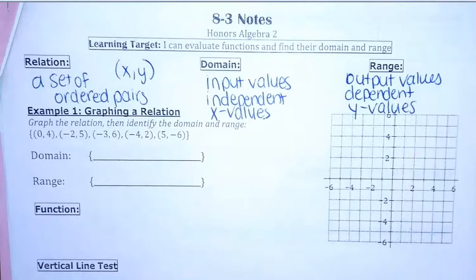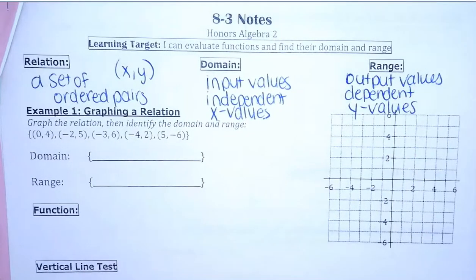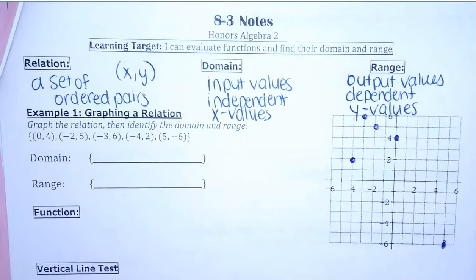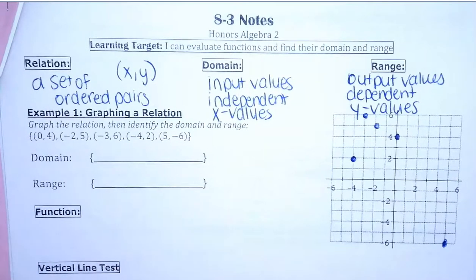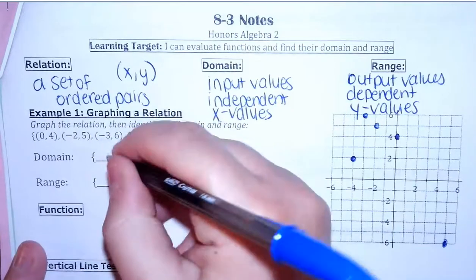All right, so we're just going to talk about some different ways that we can display domain and range. And so I just have actually a relation here. So it's a set of ordered pairs, and it says identify the domain and range, and then we want to graph. So I'm going to pause my video real quick and graph. So I just plotted the points. The domain, what we want to do is list the x values, and they don't have to come in any particular order.